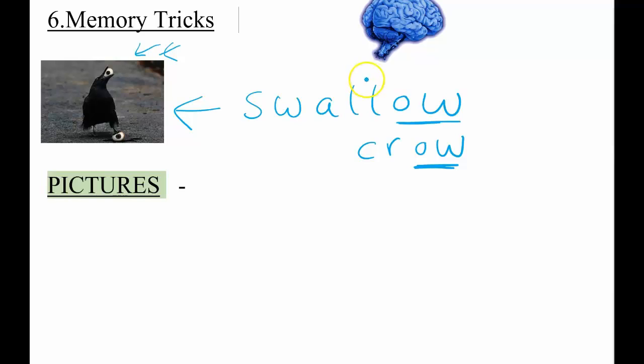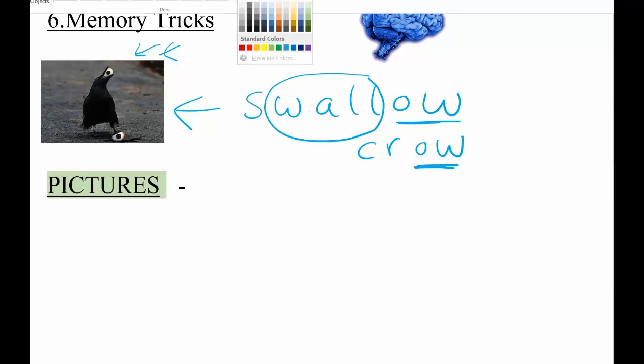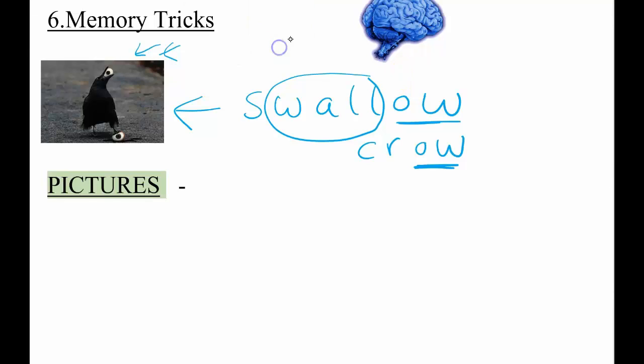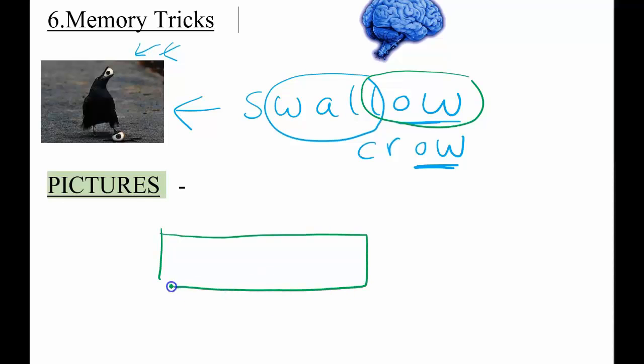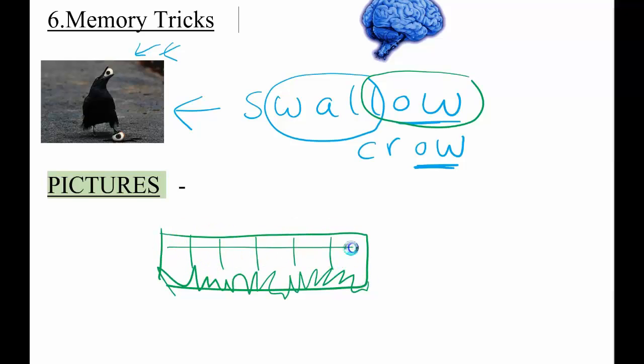Here, I can see the word wall, and I can also see another word. Let's have a look. I can see the word low. So if that would help me, I may want to create a low wall. Here's a low wall. And put some bricks in. So I've got a wall that is also low.